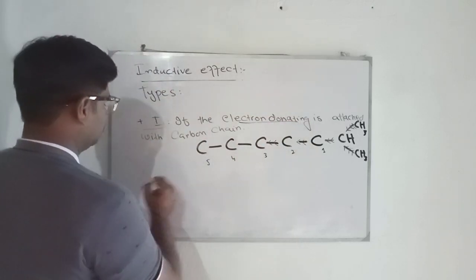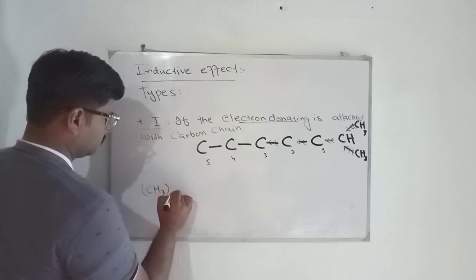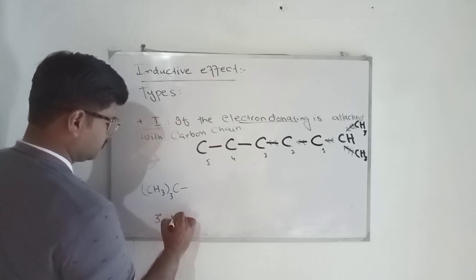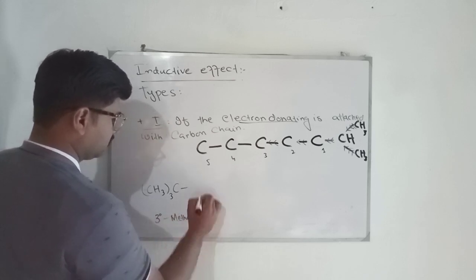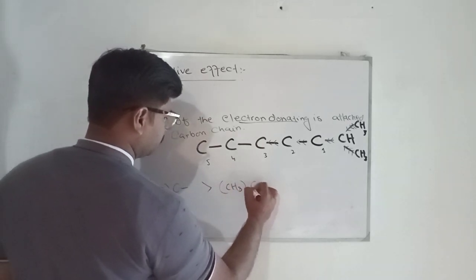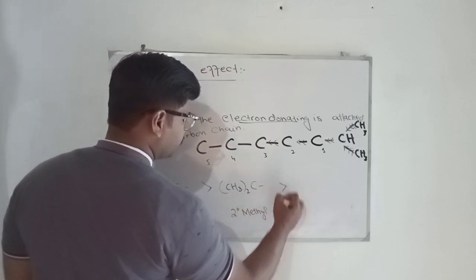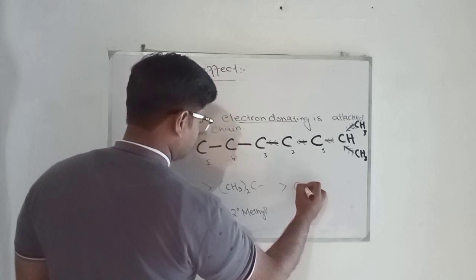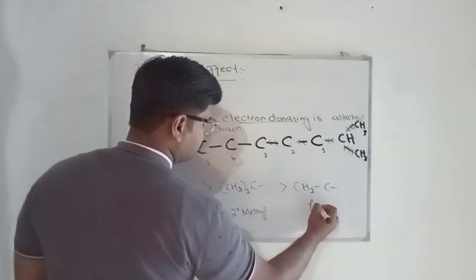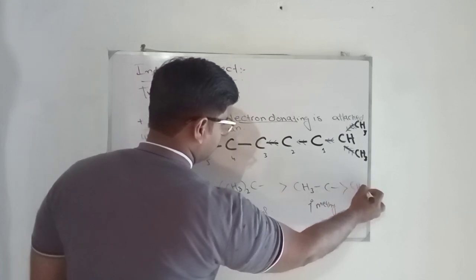Remember that it can be tertiary methyl group, which is represented by 3 naught, methyl, which will have more inductive effect than secondary methyl group, which will have more effect than primary methyl group, or simple methyl group.